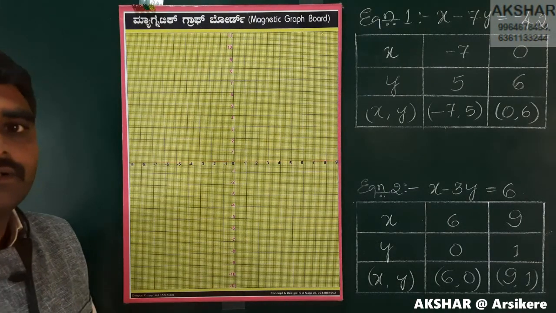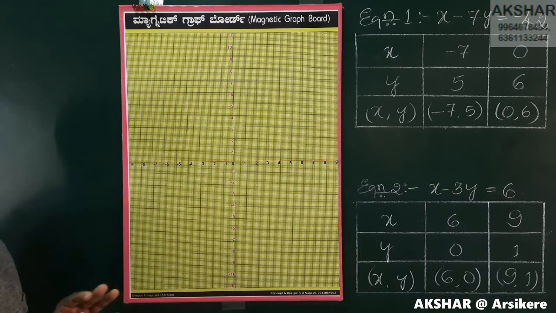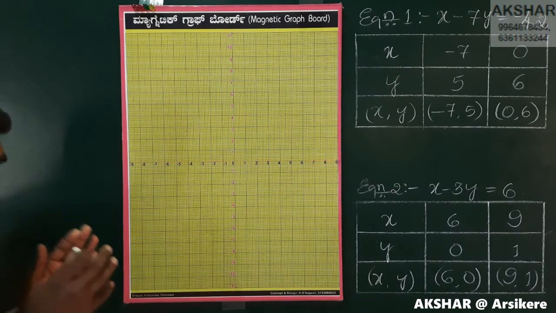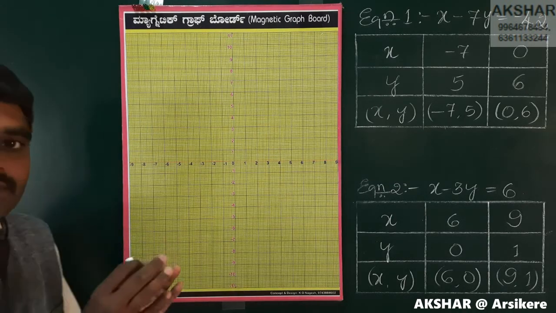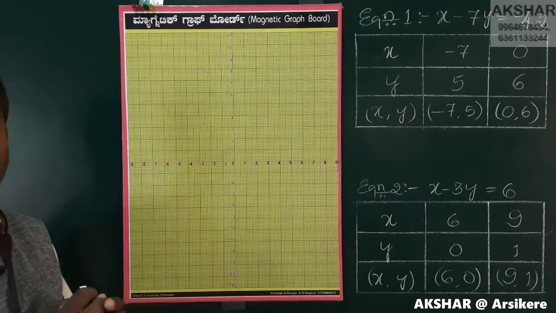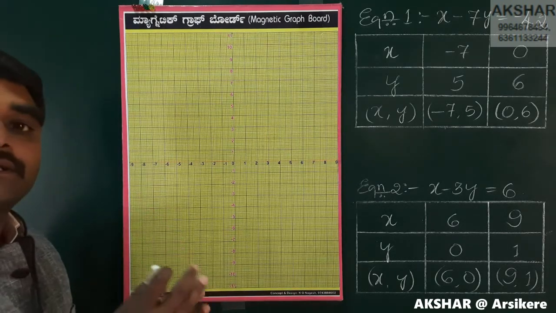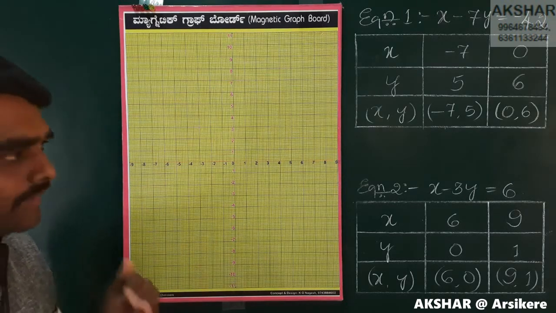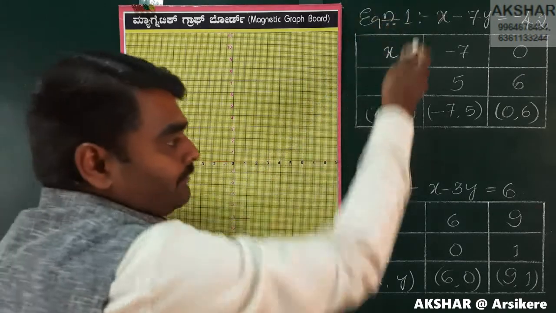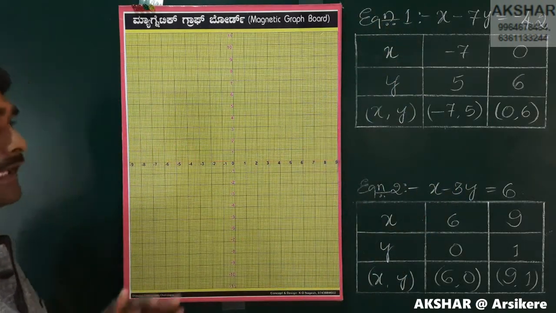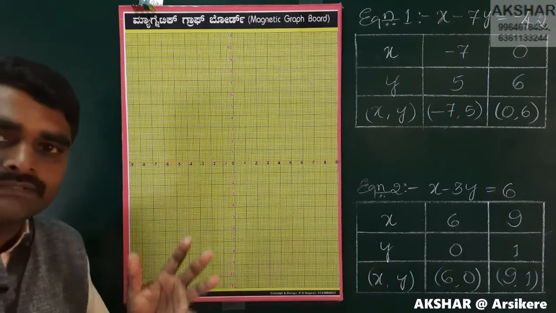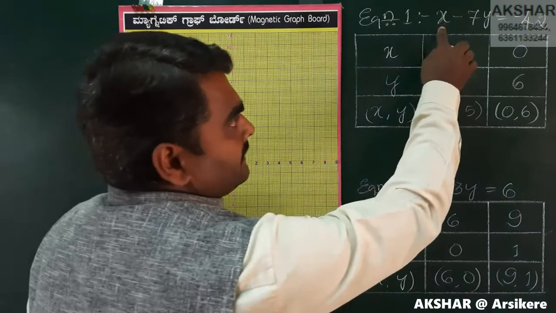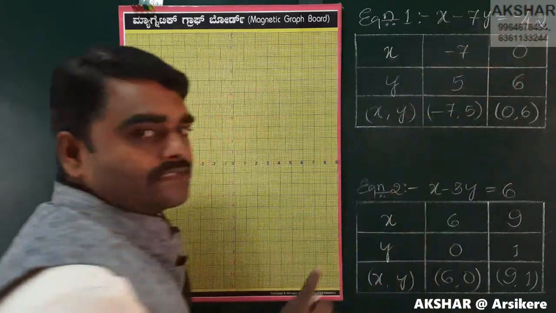Now come to the graphical representation of a pair of linear equations in 2 variables. Just now we discussed how to represent a statement algebraically, how to represent a statement as an equation. Now let us discuss how to represent this equation in the graph sheet, graphically or geometrically. x minus 7y is equal to minus 42.